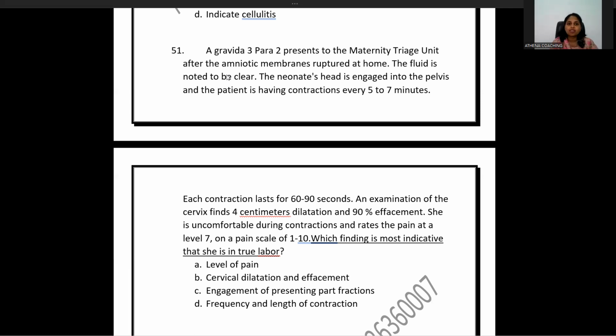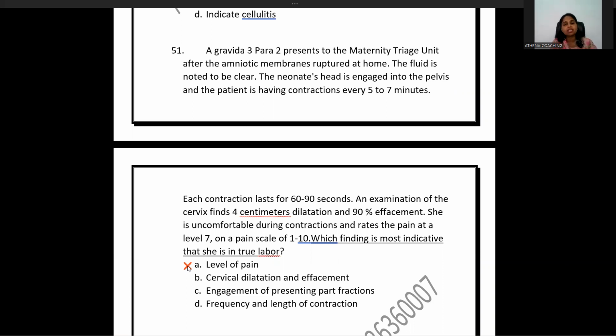Okay, so the first option is not really good, so we can remove that. Cervical dilation and effacement, to classify between true labor and false labor, this is the most reliable indicator to confirm whether it is true labor or false labor.